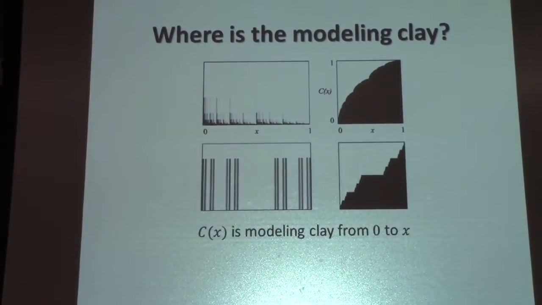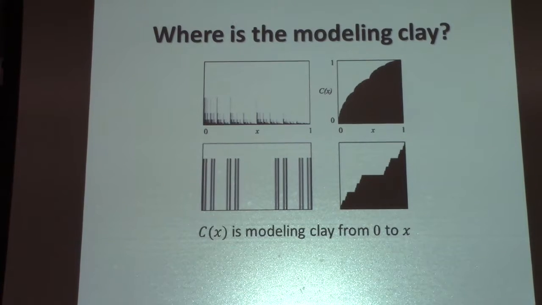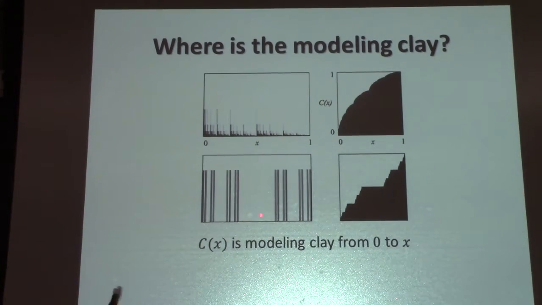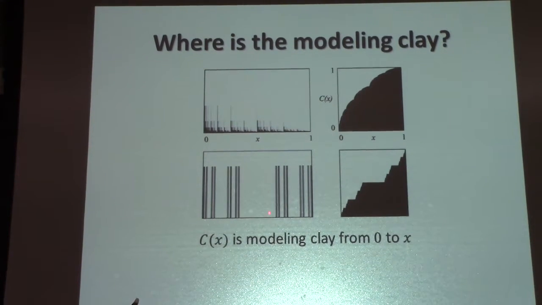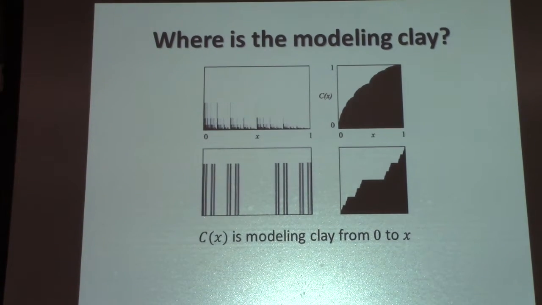So consequently, the amount of modeling clay from beginning to that point was 0.5, 50%. Correct? 50%. What about this point? Half. This point. So everywhere that I am in the gap, the height is equal to half.